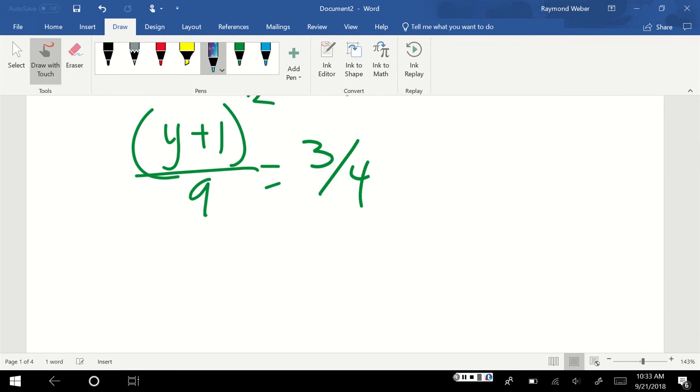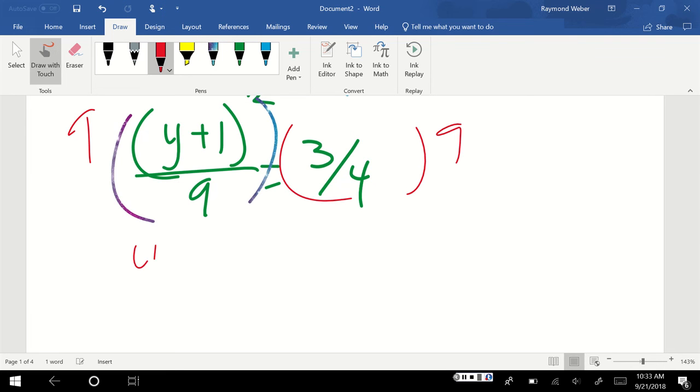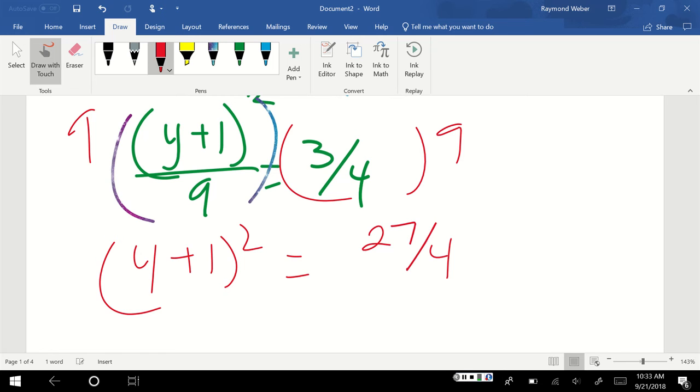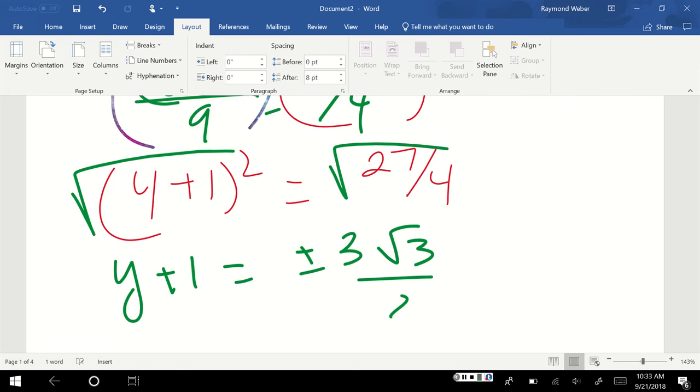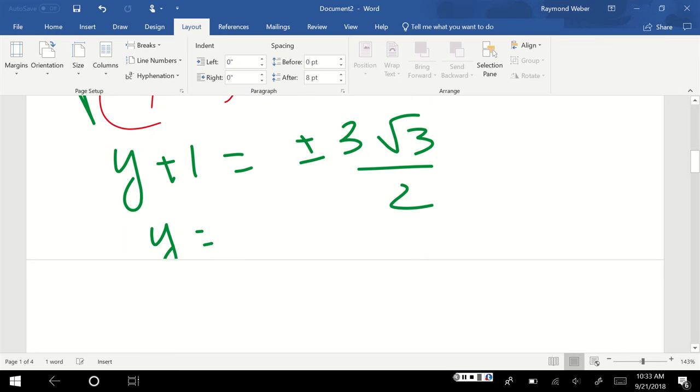Times everything by 9. So I get (y plus 1) squared equals 27/4. Take the square root. So I get y plus 1 equals plus or minus 3 square roots of 3 over 2. Simplified that. Last step, move over that 1 so it's alone. So there are my two y-intercepts.